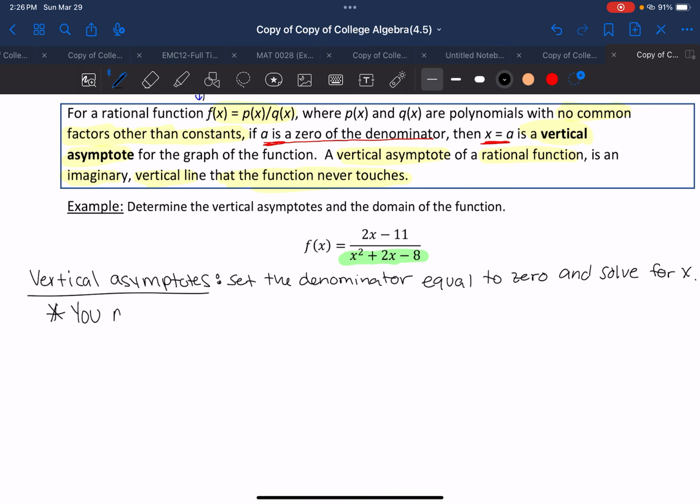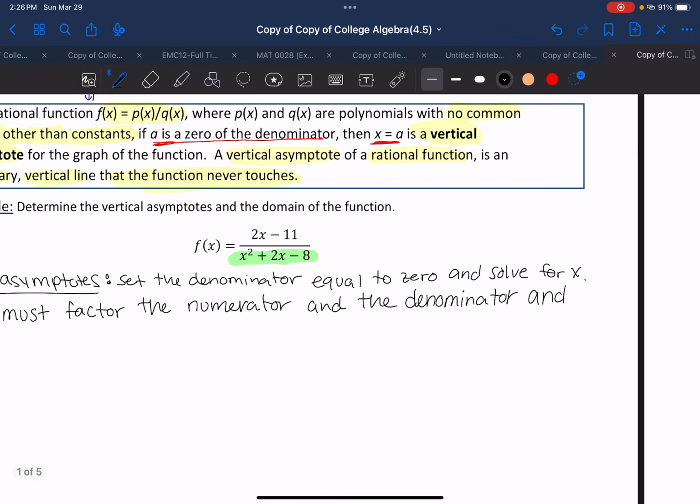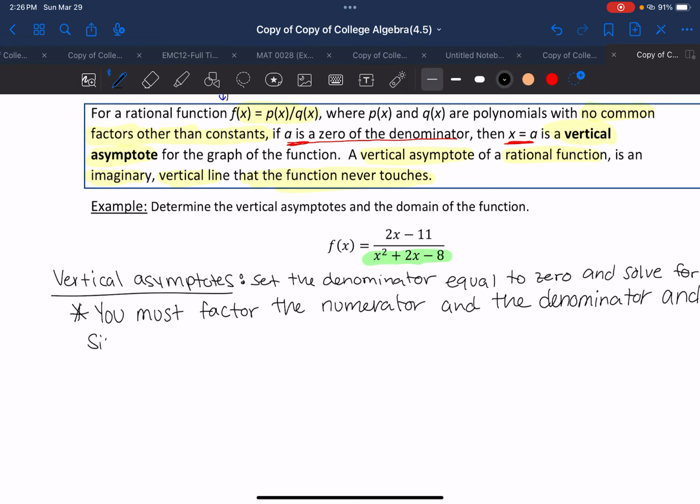You must factor the numerator and the denominator and simplify before finding vertical asymptotes.